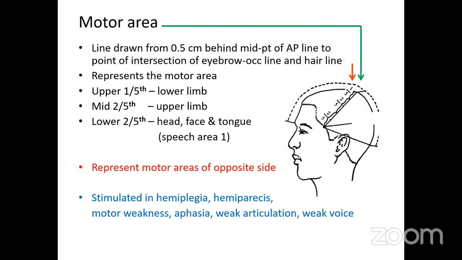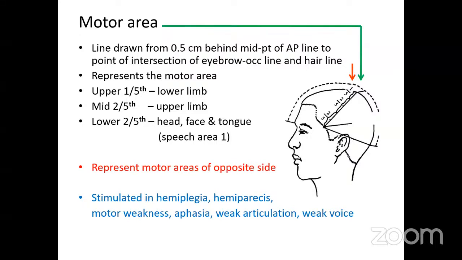It actually lies over the gray matter controlling the motor areas. This is divided into 5 equal parts. The upper 1/5 represents the lower limb, the middle 2/5 the upper limb, and the lower 2/5 represents the head and neck area.